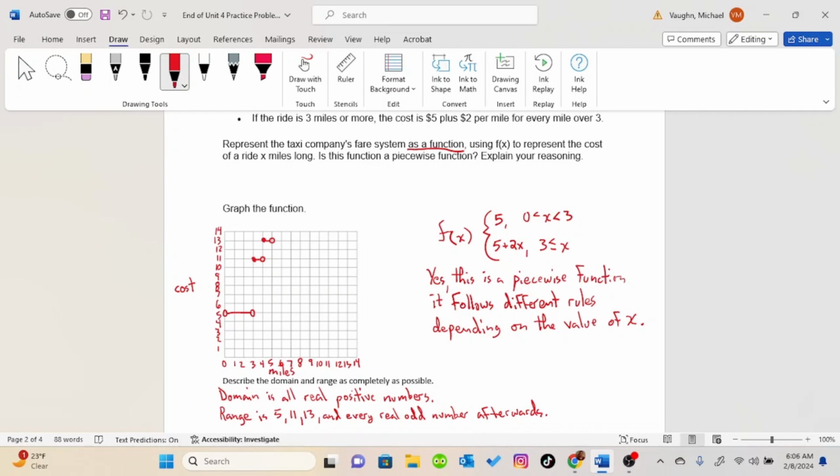Because it's charging $2 per mile, this pattern would continue. So next we would have a step at 15, then 17, then 19, and so on. We would never have a value at 8 or 12 or 14, anything like that.